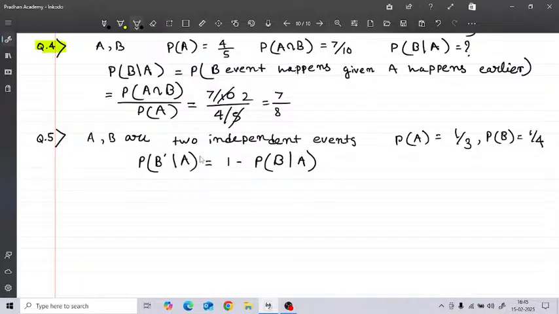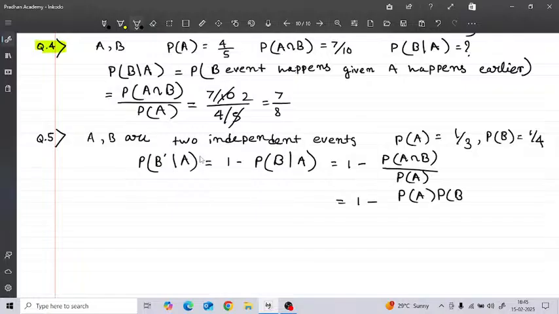So I can write this as 1 minus B bar A. Now what is B bar A? That is nothing but probability of A intersection B over probability of A. Now as they two are independent, probability of A intersection B is equal to probability of A into probability of B. Probability A cancels. 1 minus 1/4, that is 3/4.